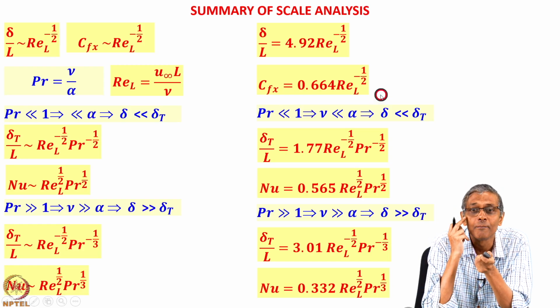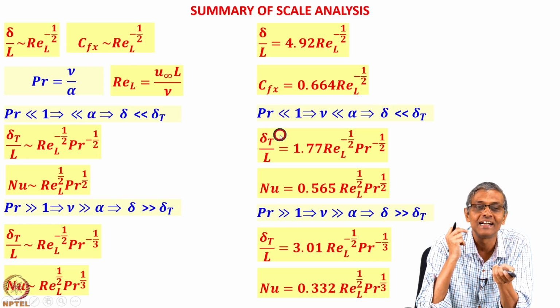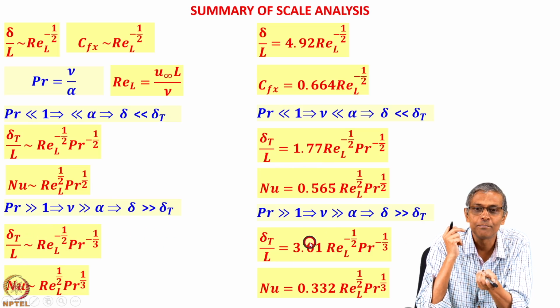If Prandtl number is less than 1, delta_T by L has the constant 1.77 and Nusselt number is 0.565. If Prandtl number is greater than 1, it scales to 3.01 and 0.332.